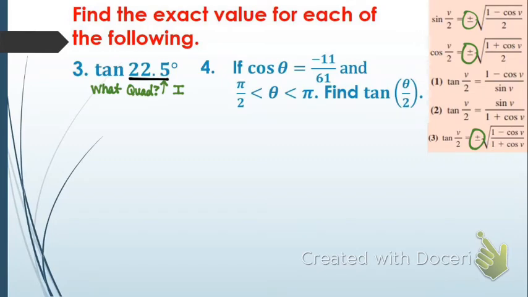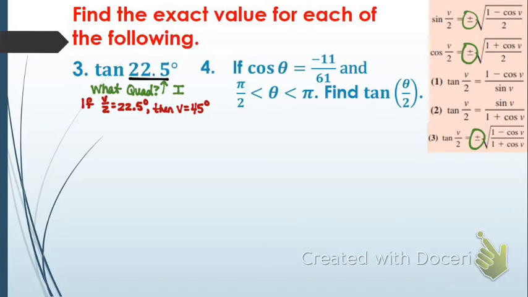My half-angle formulas. To find my half-angle over here, I need to know what the full angle would be. So that's the other piece that I need here. If my half angle, so I'm going to call that V over 2, is equal to 22.5 degrees, then what's the full angle? 45 degrees.